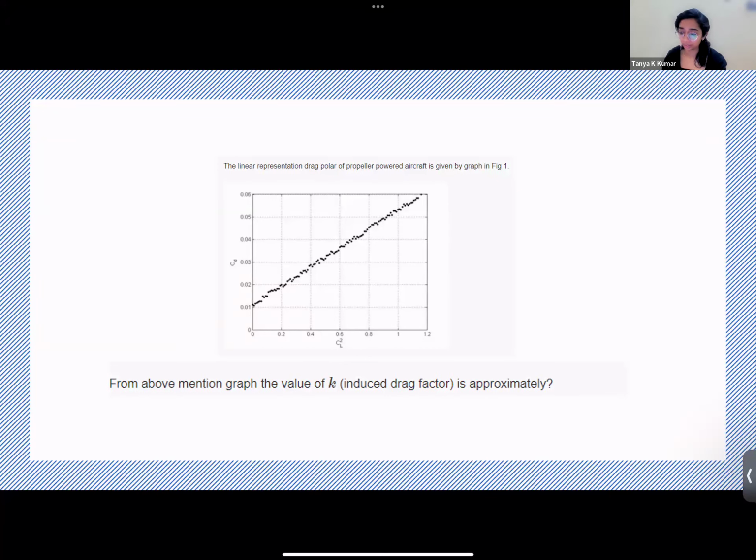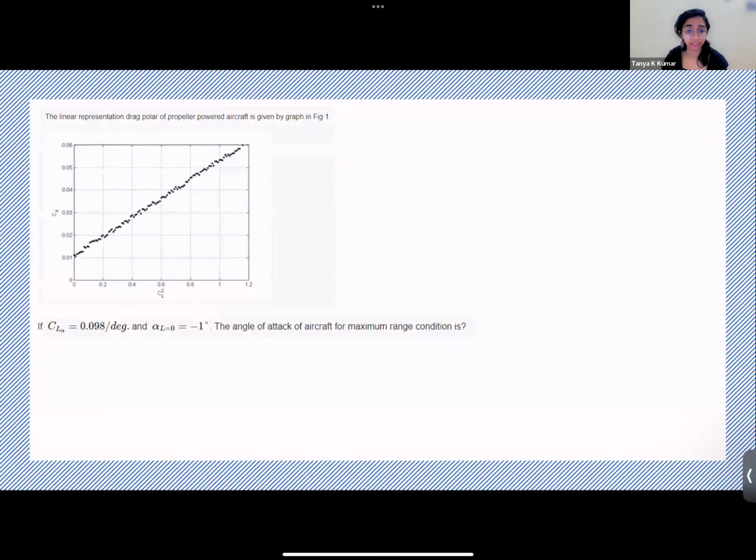Okay, let's move on. For the same graph, they've given you CL alpha as 0.098 per degree, and they've given you alpha at 0 lift to be -1 degrees. Then they've asked you to find out the angle of attack for maximum range condition. Can you try doing this? We'll solve this together, but take a few minutes and try it.